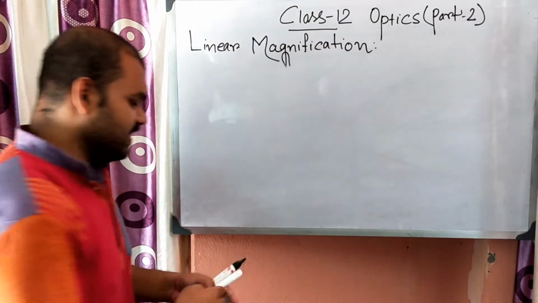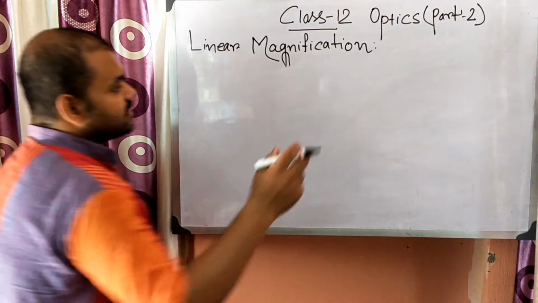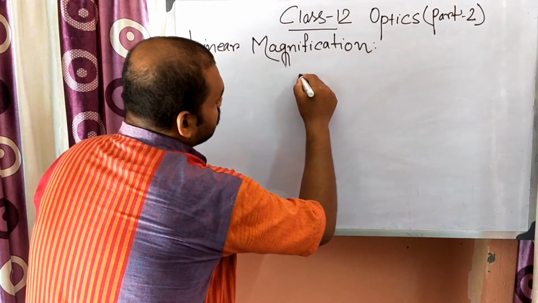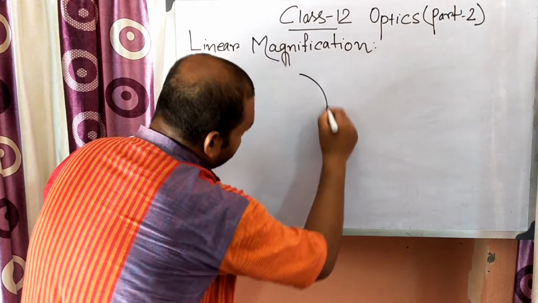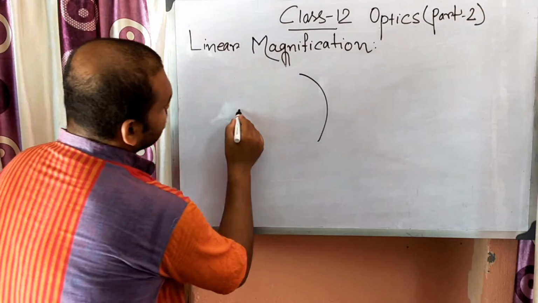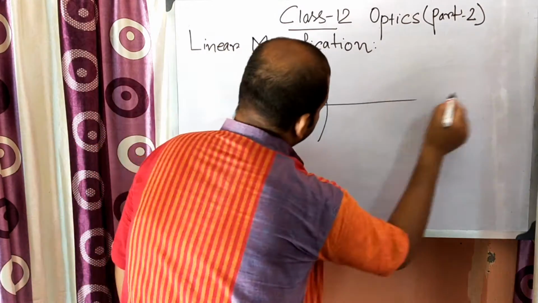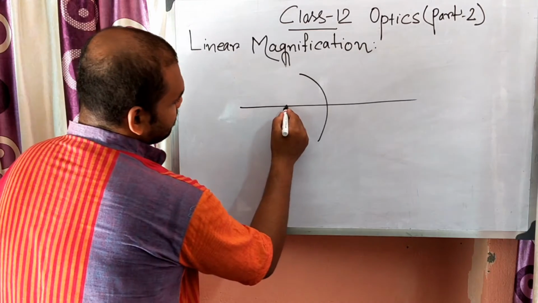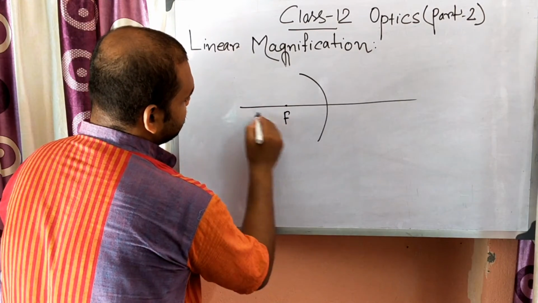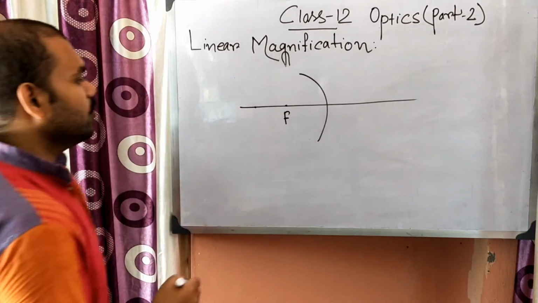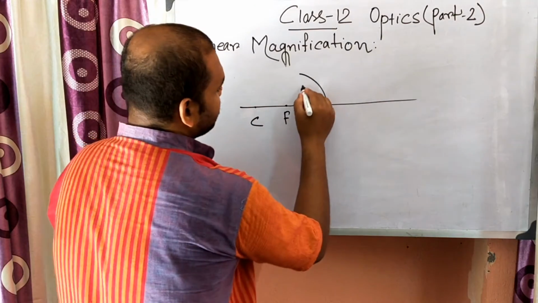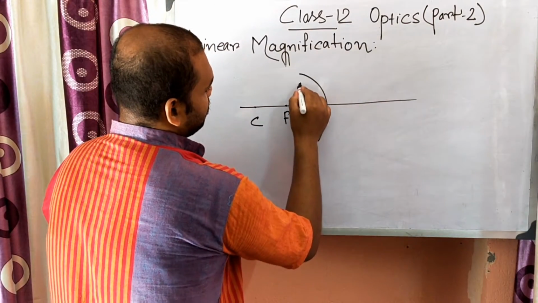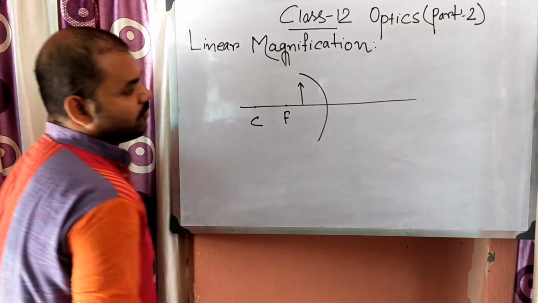Next, in case of a concave mirror, suppose this is F, this is C, and we place an object within the focus.